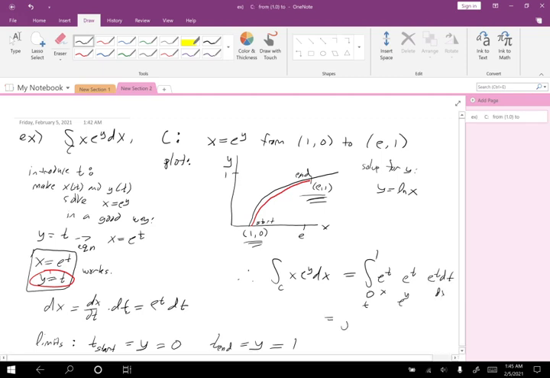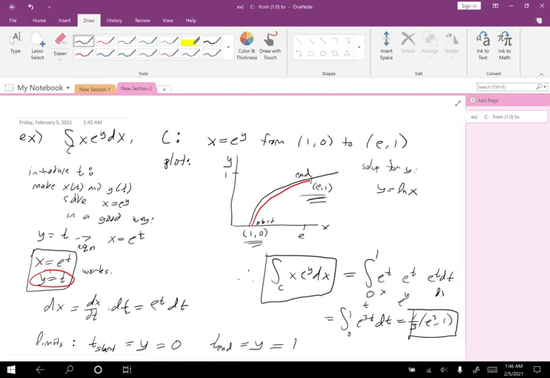So our integral is simply e to the 3t dt, so it's 1/3 (e cubed minus 1) if you integrate that. And so again, the hardest part is just setting up what this line integral means. And once you do that, now it's just 1D calculus. Okay, thanks for watching.